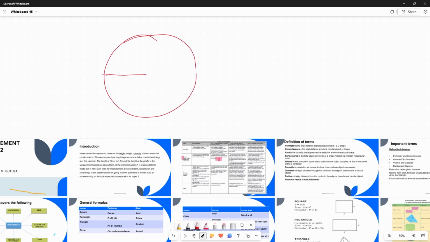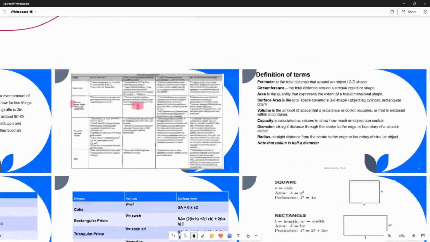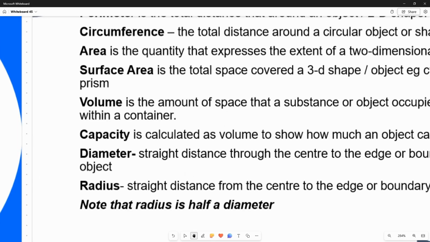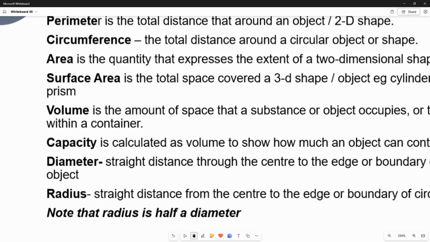Diameter is a straight line through the center to the boundary of the circle. Then radius, straight distance from the center to the edge of the boundary. So the diameter runs across, but it has to pass through the center, whereas the radius starts from the center to the edge or to the boundary.